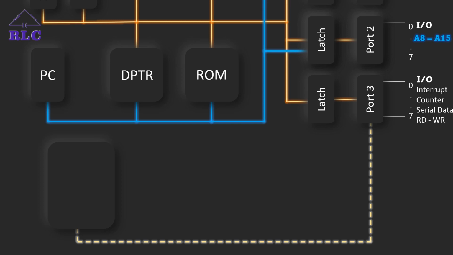To maintain this synchronization, we require timing, or clock pulses. That is provided by XTAL1 and XTAL2. We connect an external crystal oscillator for generating the clock pulses, or else we can pass an external pulse directly.